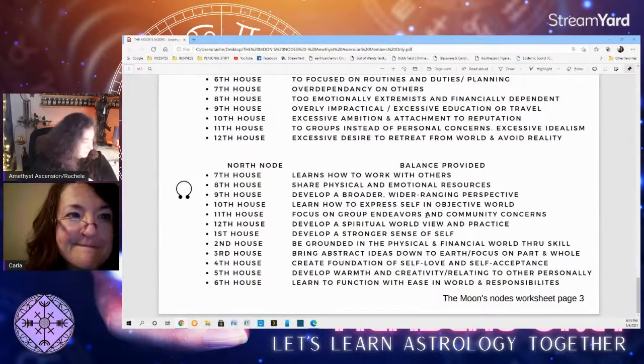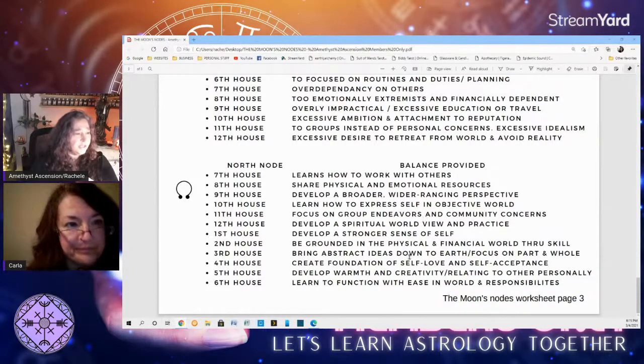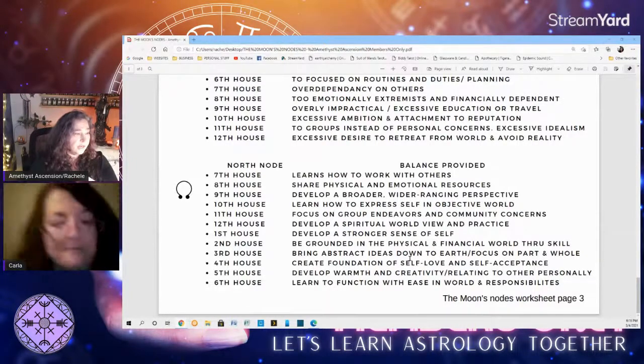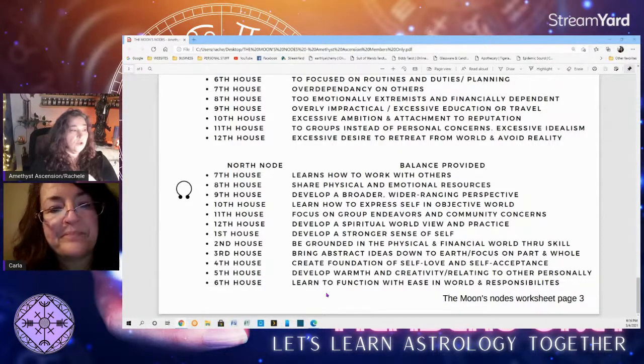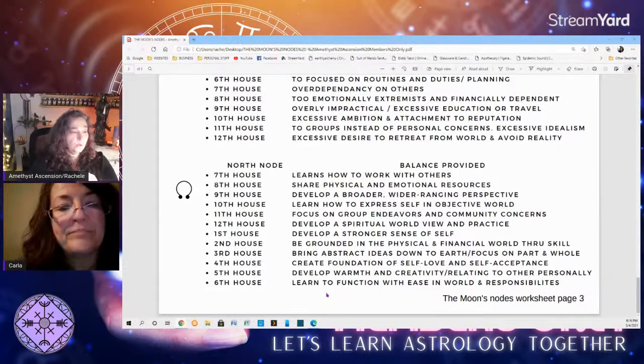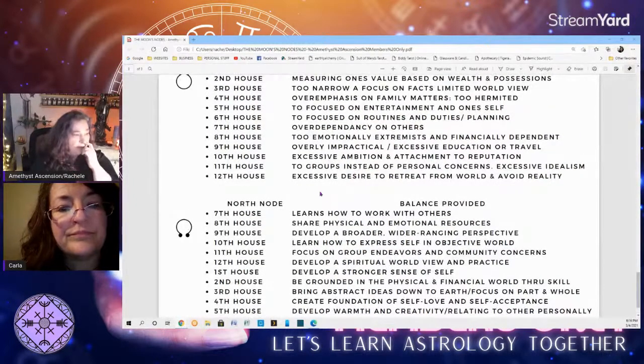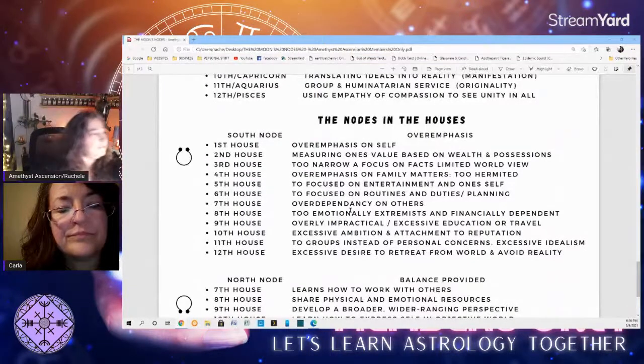So my husband's, what did we say? His is in Aquarius, right? You said 6th house? Yes. So his north node, all right, see, I'm confusing myself with this, and it doesn't help that this light's in the way.